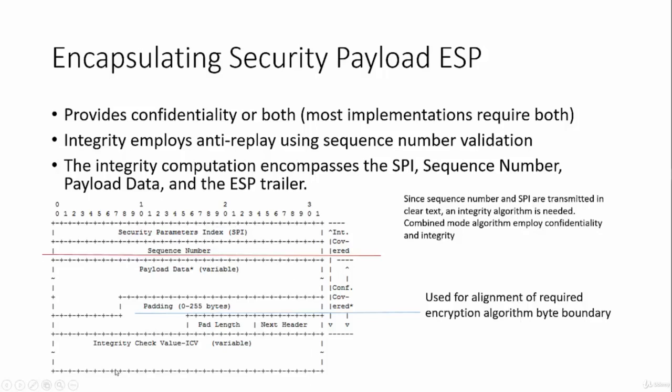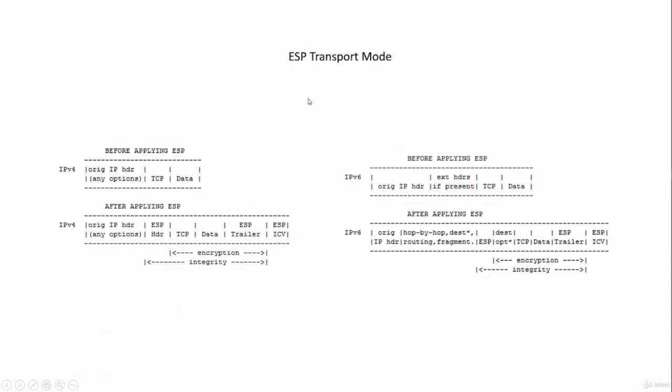Also, the same thing as with the authentication header, with ESP you have transport mode or tunnel mode. The transport mode basically uses the original IP address information, source and destination, and then attaches the ESP header, and everything at that point is encrypted.